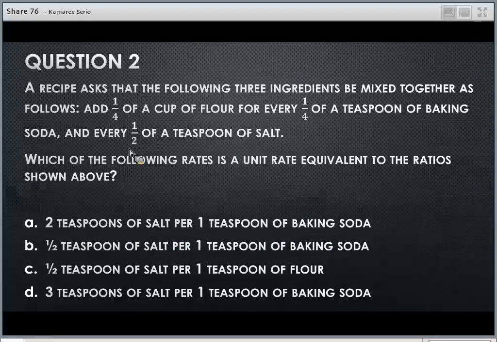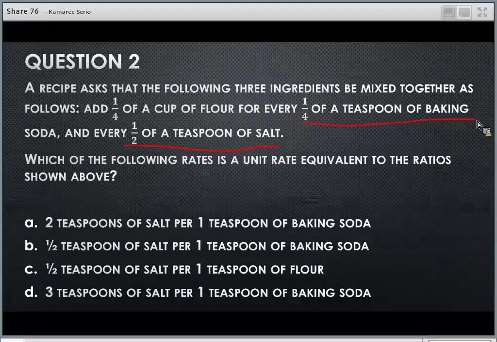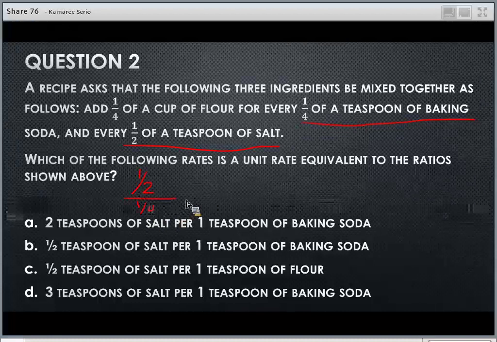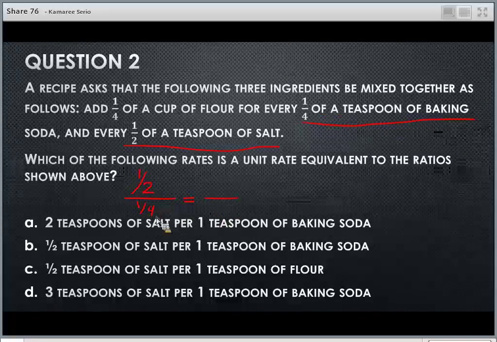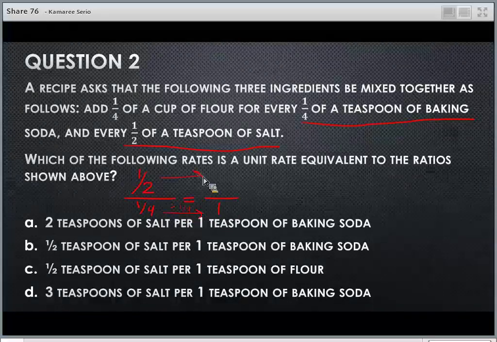Well, if I look at teaspoons of salt and teaspoons of baking soda, I want salt on top. So if I have 1/2 over 1/4 and I want to go to 1, remember you divide by 1/4, so you do the same thing up top, divide by 1/4.